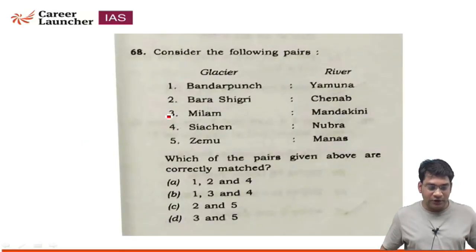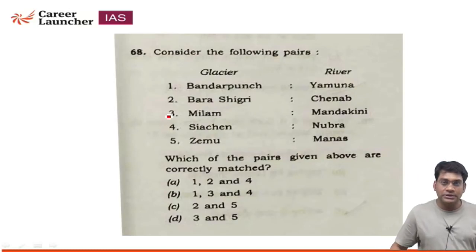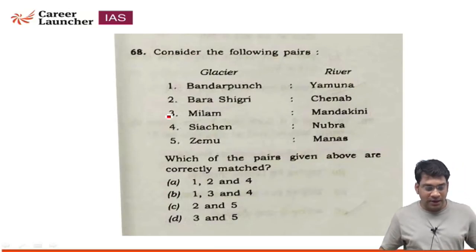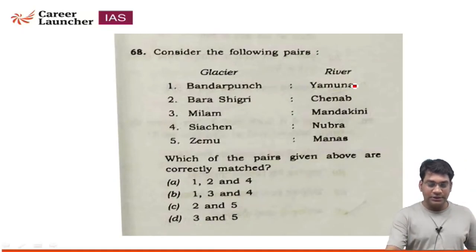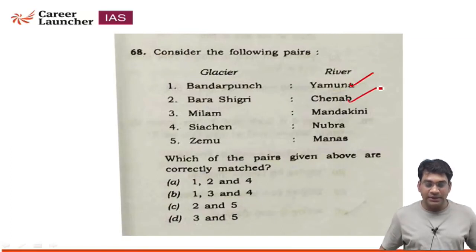Question 68. Consider the following pairs. This question gives glaciers and the rivers which originate from them. Bandar Poonch glacier, river Yamuna, correct. Bara Shigri glacier, Chenab river, correct. Milam, Mandakini river.